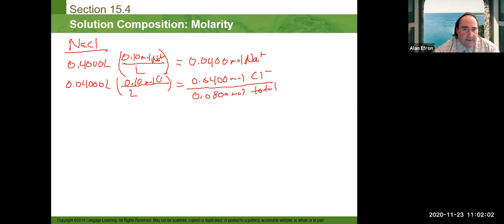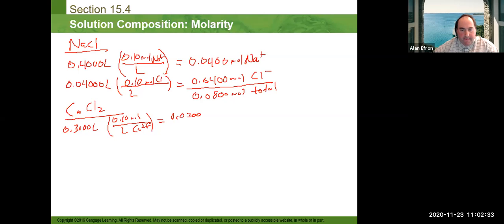We can do similar calculations for our other ones. So for our calcium chloride, we had 0.3 liters times the molarity of the calcium ions that we calculated, which was 0.1 moles per liter of calcium, going to get us 0.3 times 0.1, 0.03 moles of calcium. We'll do the same thing for our chloride.